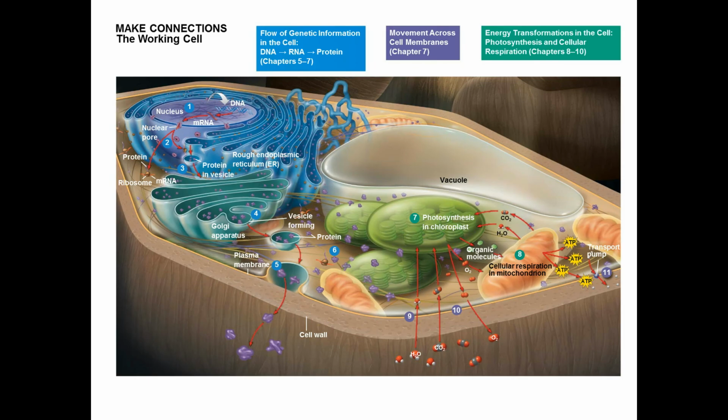So this is a nice big picture of looking at everything involved, from cellular structure to cellular physiology to the assembly of proteins to diffusion, osmosis, and active transport, and the production of energy through cellular respiration or photosynthesis.